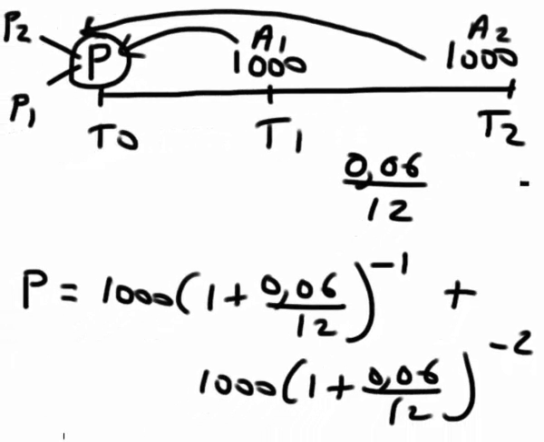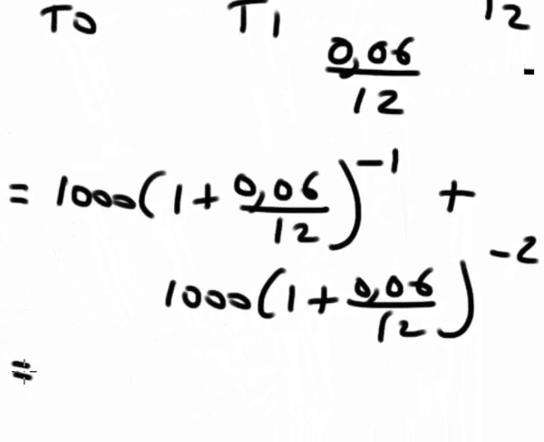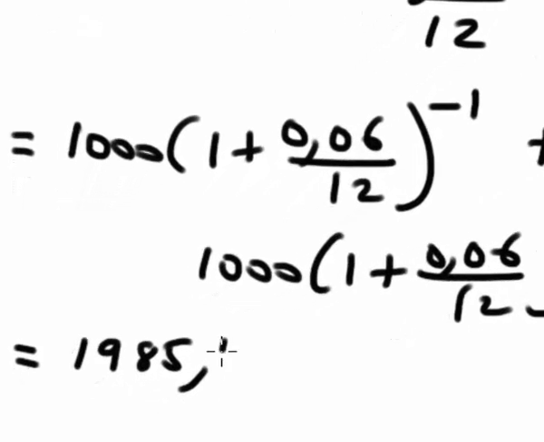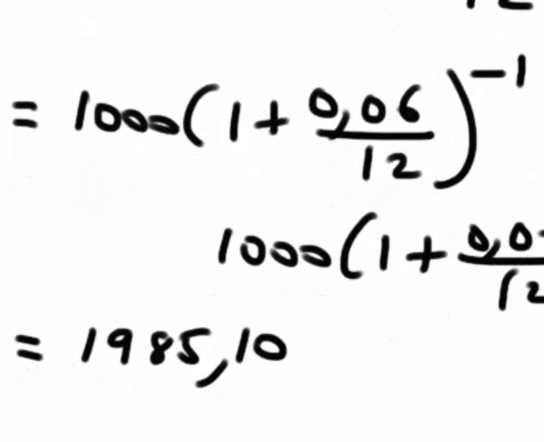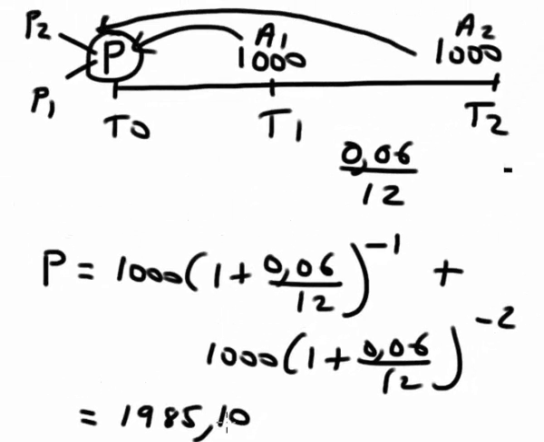By adding that up, your loan was 1,985 Rand and 10 cents. So you repaid this amount by means of 2 payments over 2 months, because all you do is you take this one, P is equal to this 1,000, 1 plus the interest rate over 12 to the negative 1. We're going back 1 month, and this was going back 2 months.